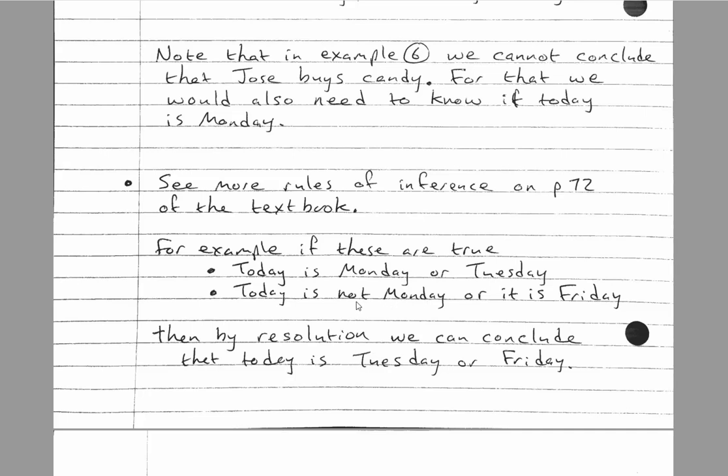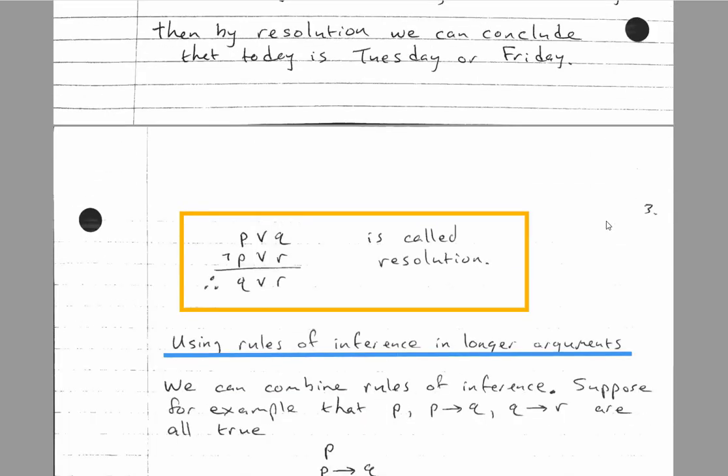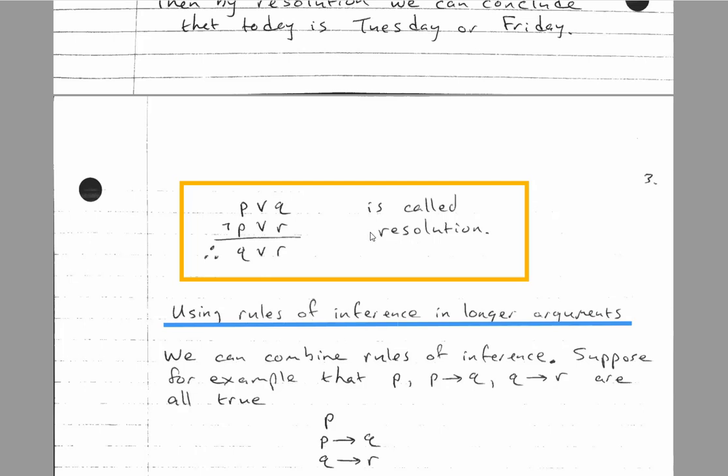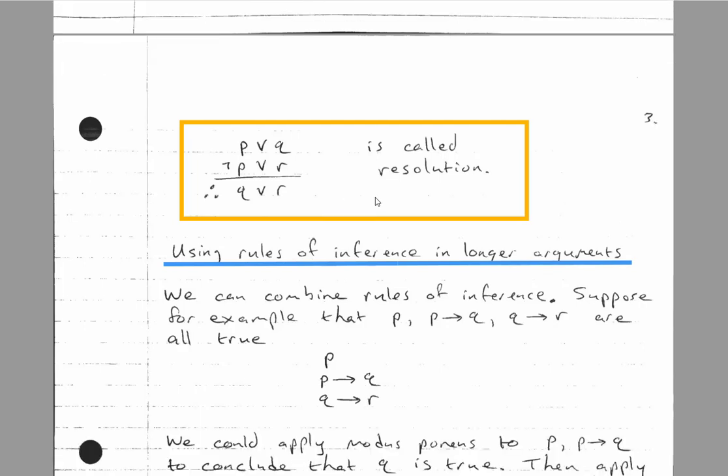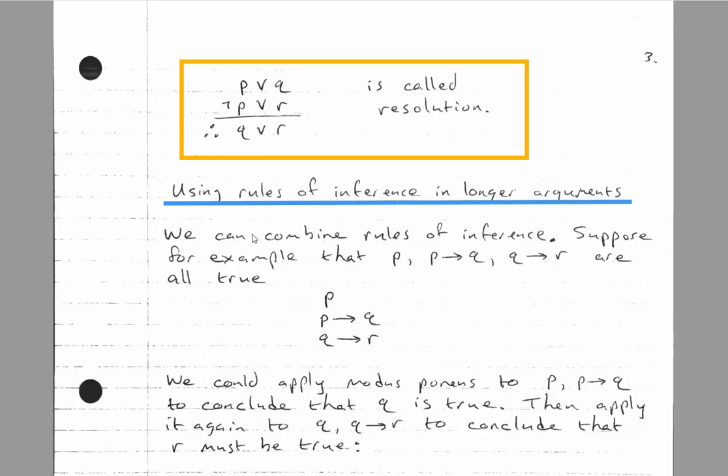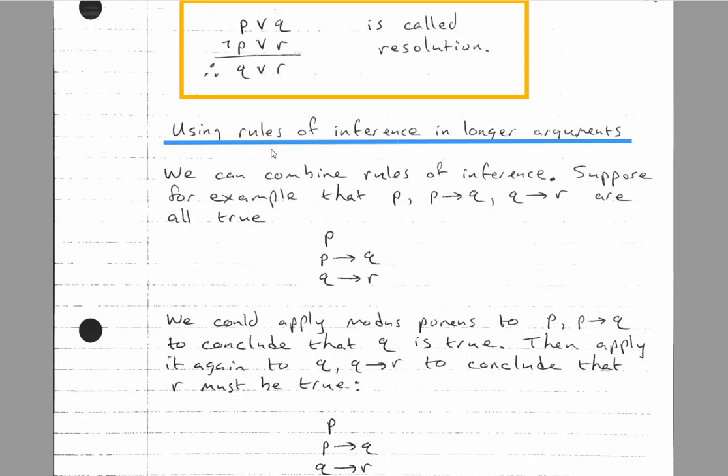So it can't be Monday, because if this last one is true, then that's telling us it has to be Friday. So we can rule out Monday. And this is the resolution rule of inference. We can use these rules to make longer arguments.